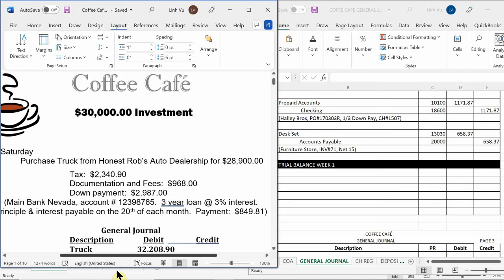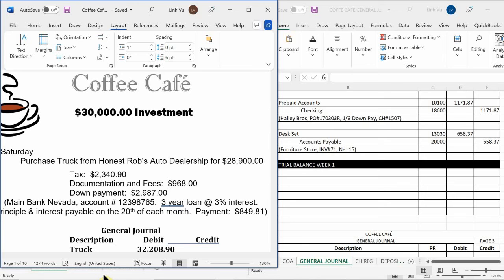We purchased the truck from Honest Rob's Auto Shop for a total of $28,900, right? The tax we had to pay on it was $2,340. The documentation fees cost us $968, and we paid a down payment of $2,987. Random amount, but that's what we paid, okay?